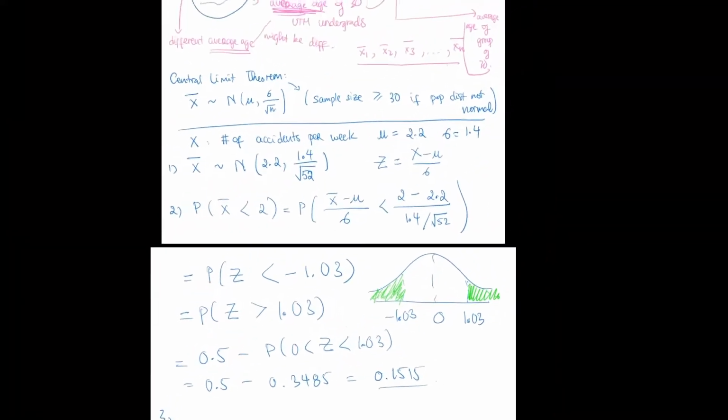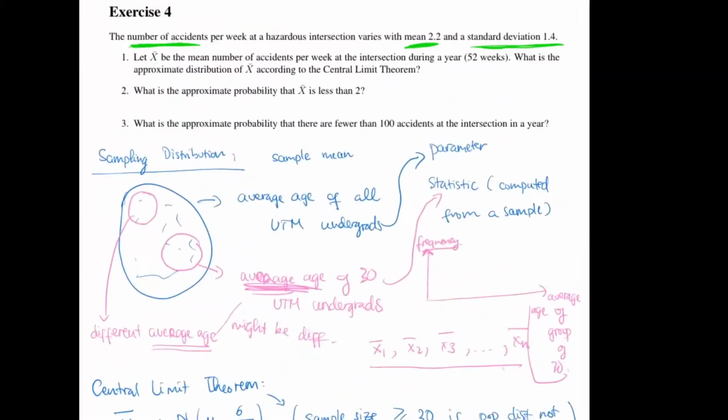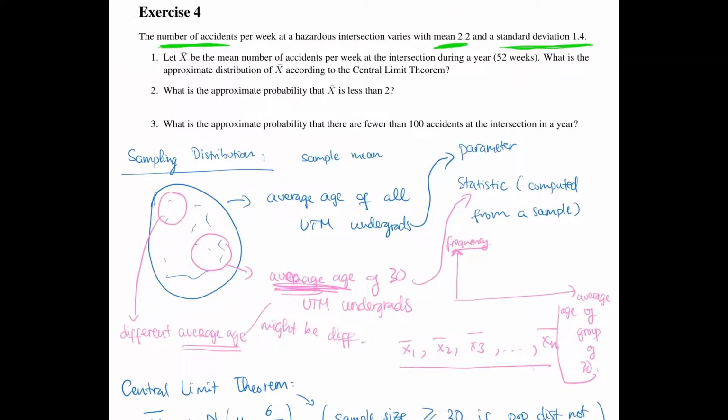For part 3, they ask what is the approximate probability there are fewer than 100 accidents at the intersection in a year. Which means that if you record the number of accidents in week 1, number of accidents in week 2, add up to number of accidents in week 52, then what is the chance that that sum is less than 100?